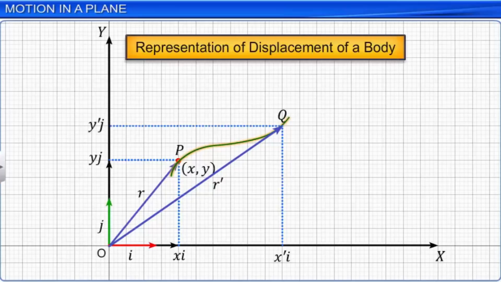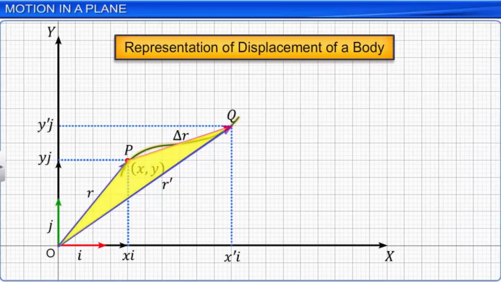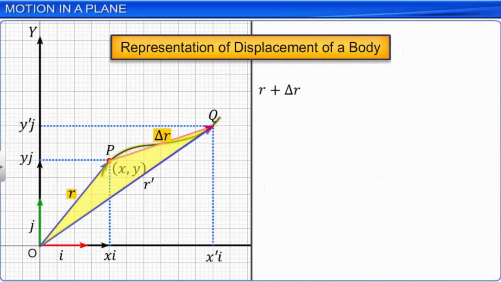Display an arrowhead at Q. This line PQ with its arrowhead represents the displacement vector delta r. From the vector triangle OPQ, we can write r plus delta r is equal to r dash. On rearranging, we get delta r is equal to r dash minus r. Let this be equation 1.